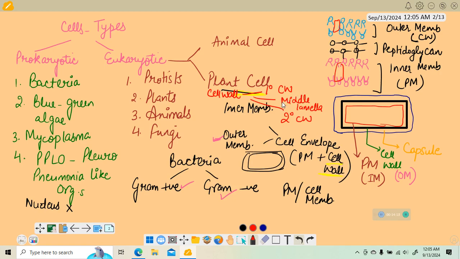Now the arrangement is like this: secondary will be innermost, primary is situated at the outermost part, so it will be like this.